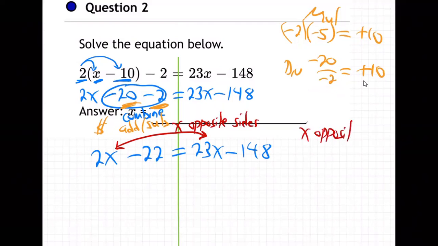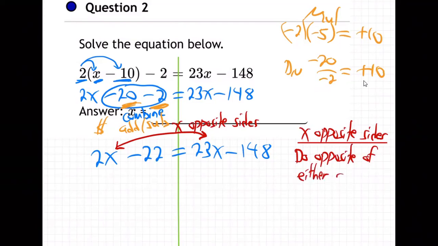When you have x on opposite sides, let me go over here and make it clear. Basically you do the opposite of either one, comma, and that's a funny looking S there. Same to both sides. We always have to do the same thing to both sides.